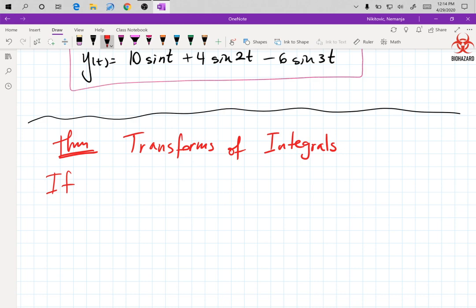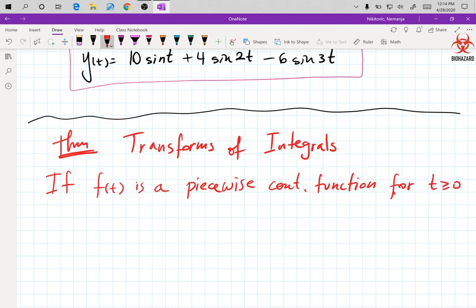So if f of t, the function f of t, is a piecewise continuous function for t larger or equal than 0, and satisfies the condition of exponential order.